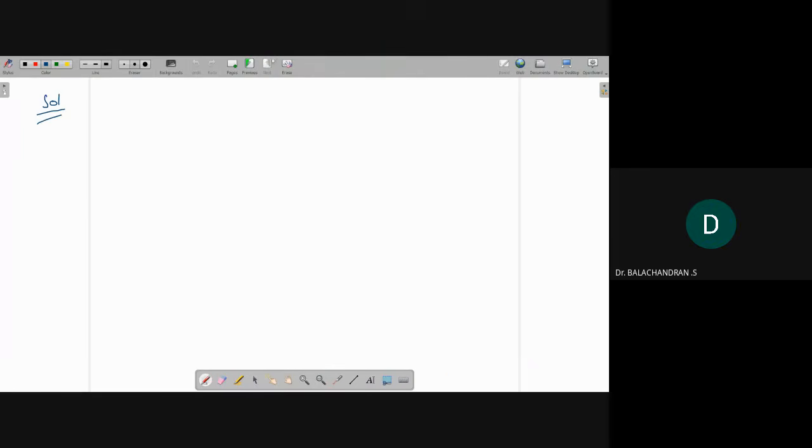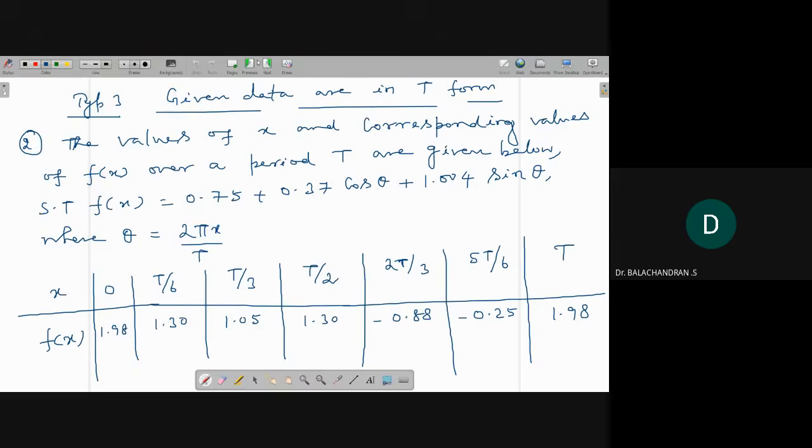So now, I want to do this problem. This is the problem in T form.